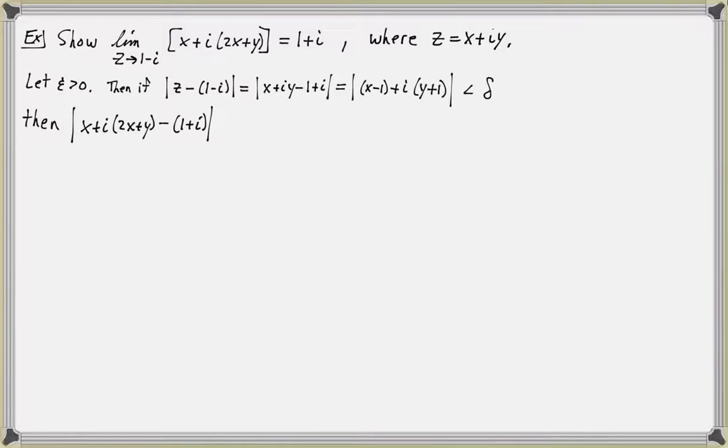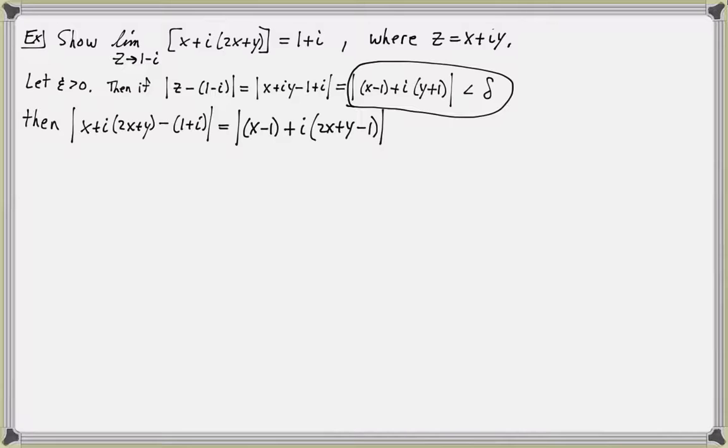So let's rearrange this term. I'm going to put the real parts and the imaginary parts together again. So this will be the absolute value of x minus 1 plus i times the quantity 2x plus y minus 1. And I already have this bound above, where I have the absolute value of x minus 1 plus i times y plus 1 should be less than delta.